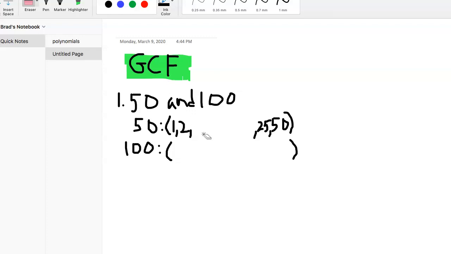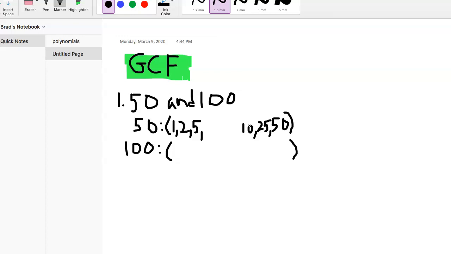So 2 times 25 equals 50. 3, no, nothing works. 4, nothing works. 5 works though, right? Because we have 5 times 10. Okay, and those are all the numbers that work for 50.